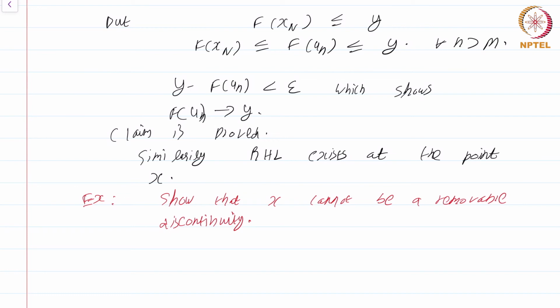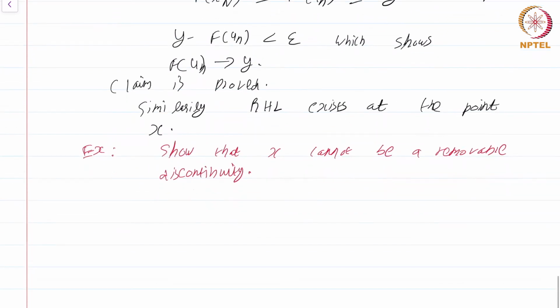If you learn complex analysis, you will understand why. I apologize in advance. If I say singularity, I am entrusting you with the task of interpreting it as discontinuity. Show that x cannot be a removable discontinuity. That will complete the proof.